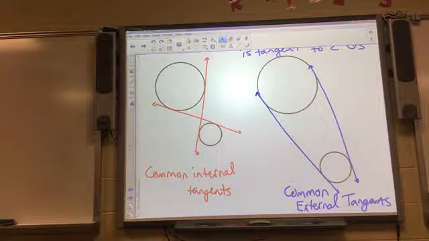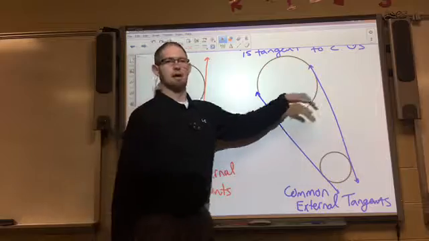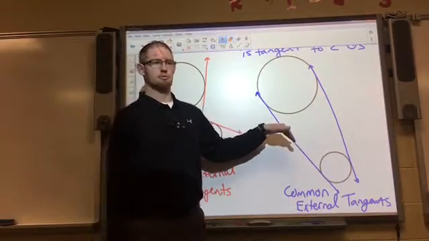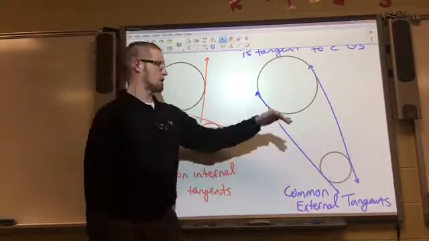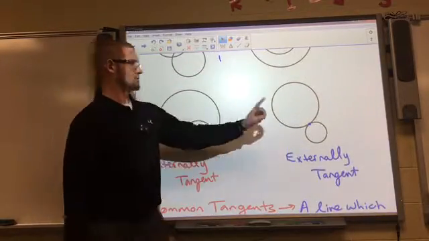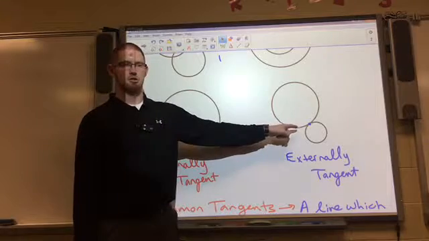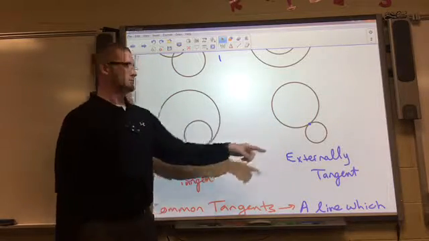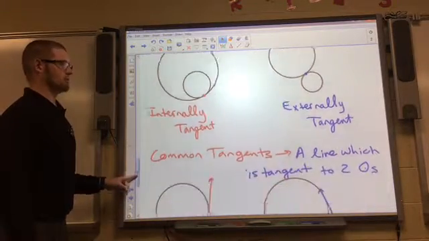No. But they share common external tangents. Okay? So these are common external tangents. These two circles are externally tangent to each other. Okay, so just be careful on the play on words there.